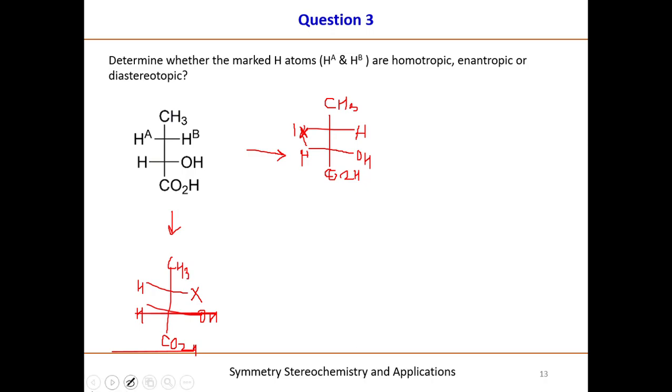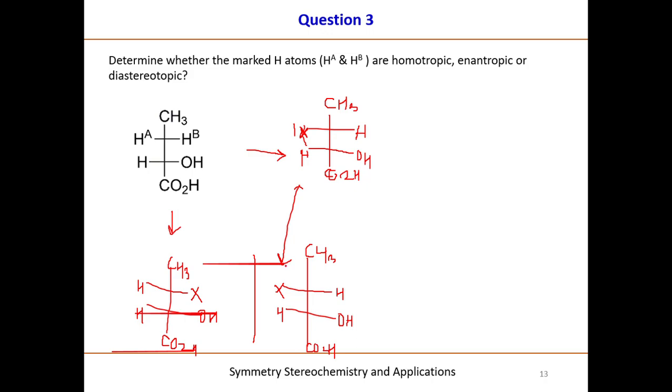Now let's compare these two isomers, or we can draw the mirror image also for better understanding. Correct? So you can see here these two are the same molecule.